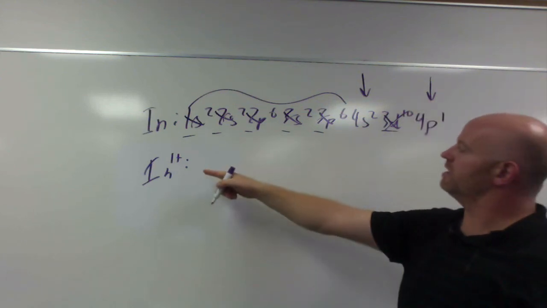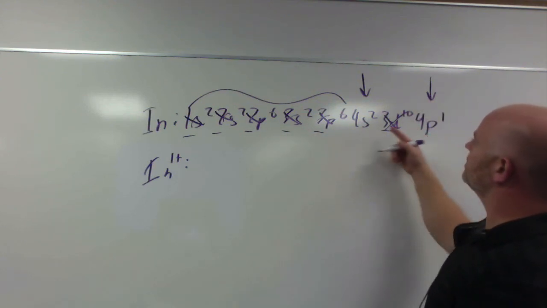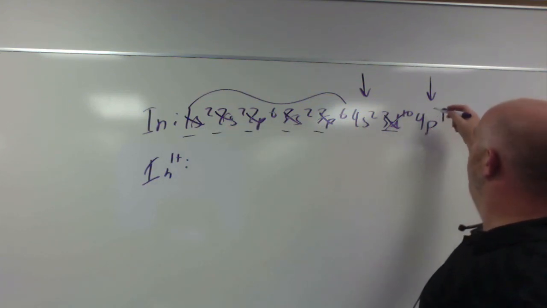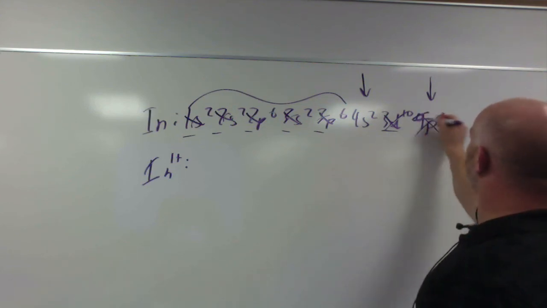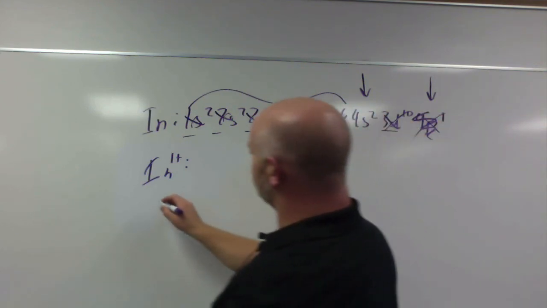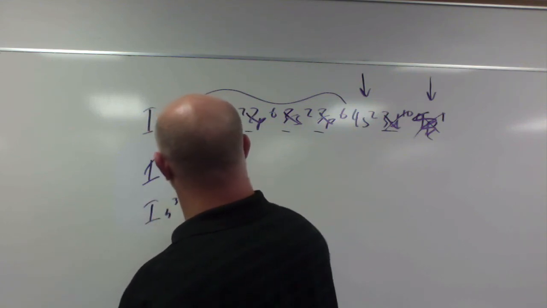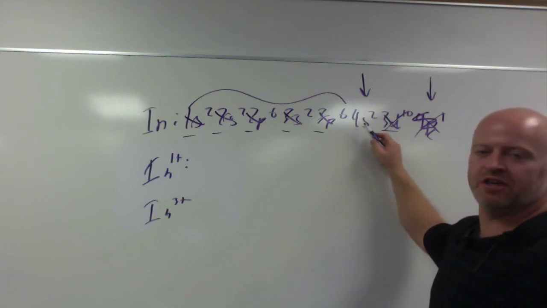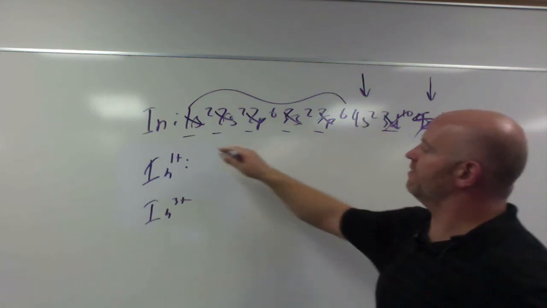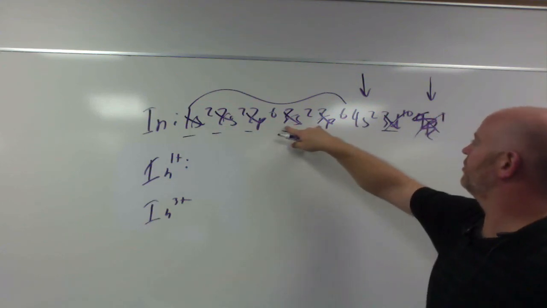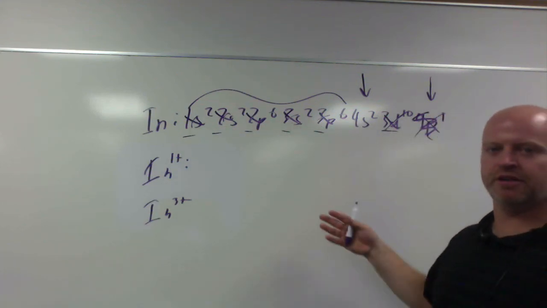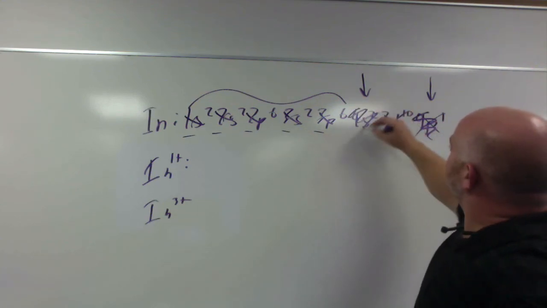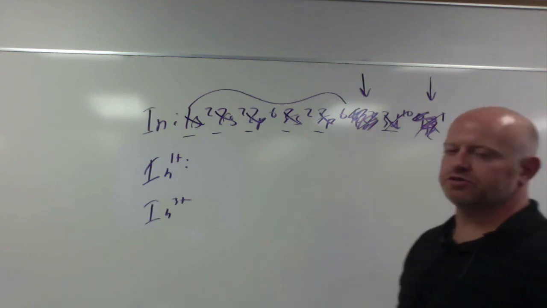So becoming a 1+ works really well because it ends up having everything full for its orbitals, getting rid of this partially full orbital. But indium can also become a 3+. Even though this is a full orbital, wouldn't it be great if we got rid of the 4th energy level altogether? So you have a full 1, a full 2, and even your 3rd energy level with that d is completely full. So by ionizing to a 3+, again getting rid of these electrons, you also have an advantage in terms of stability.